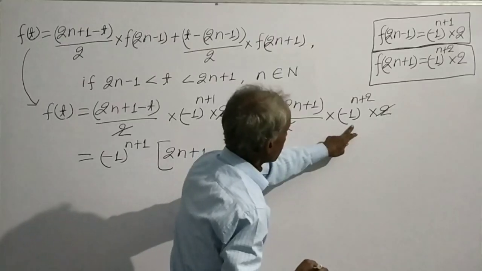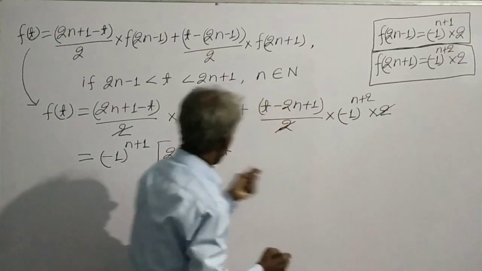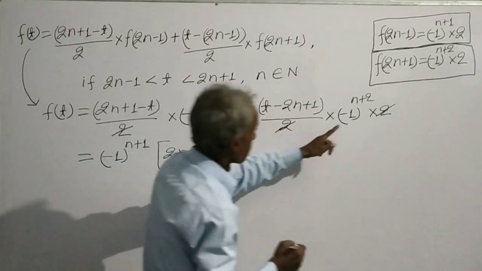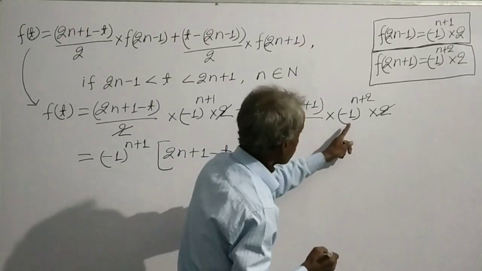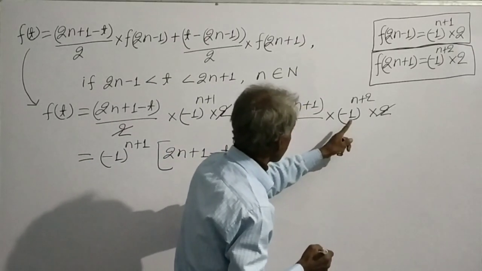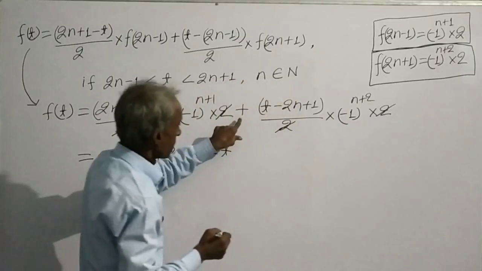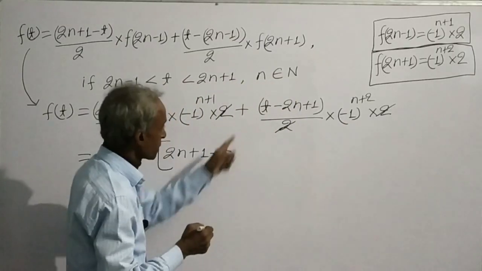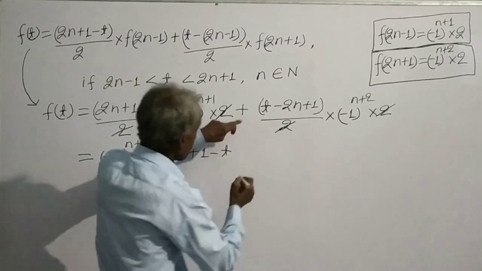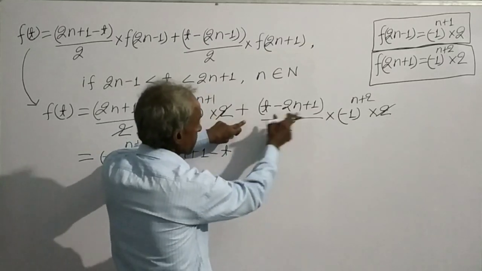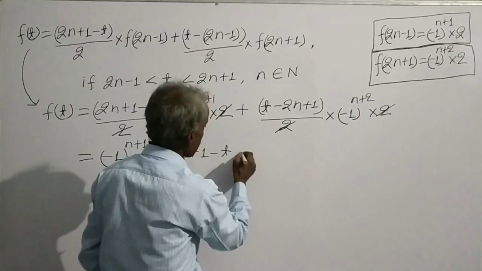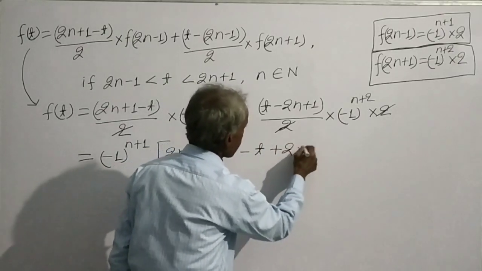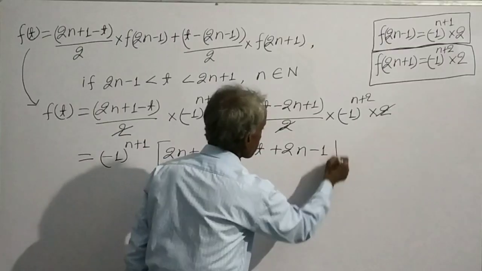Here will be minus 1 because we have taken power n plus 1. Therefore, once here is left minus 1, that minus 1 will convert this plus sign into minus sign, and the minus sign before this bracket will be minus t plus 2n minus 1.